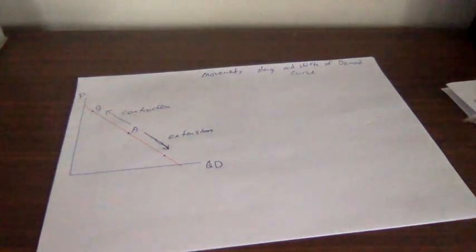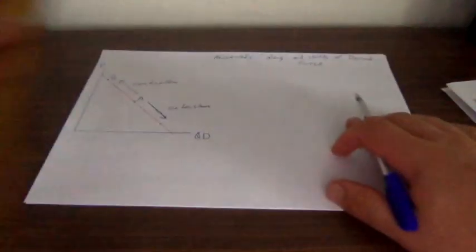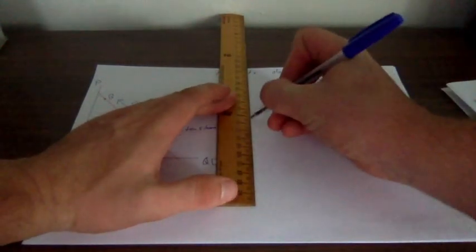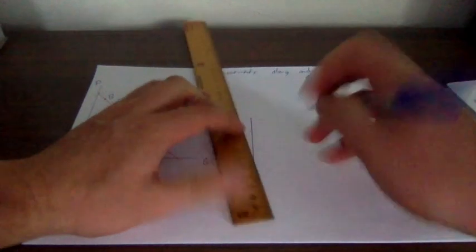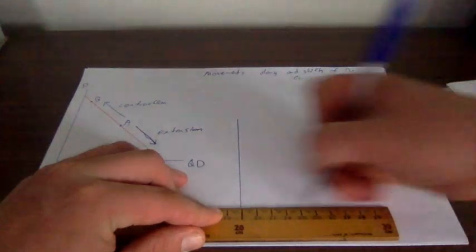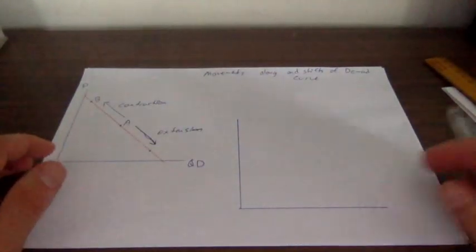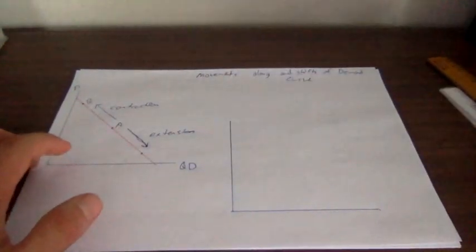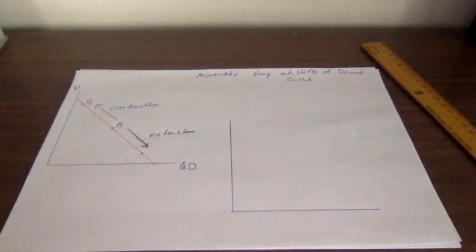So now we want to move on to shifts in the demand curve. For a shift in the demand curve, we had an example of a pizza place, or basically pizza, so we'll use that example. We were given this example here.